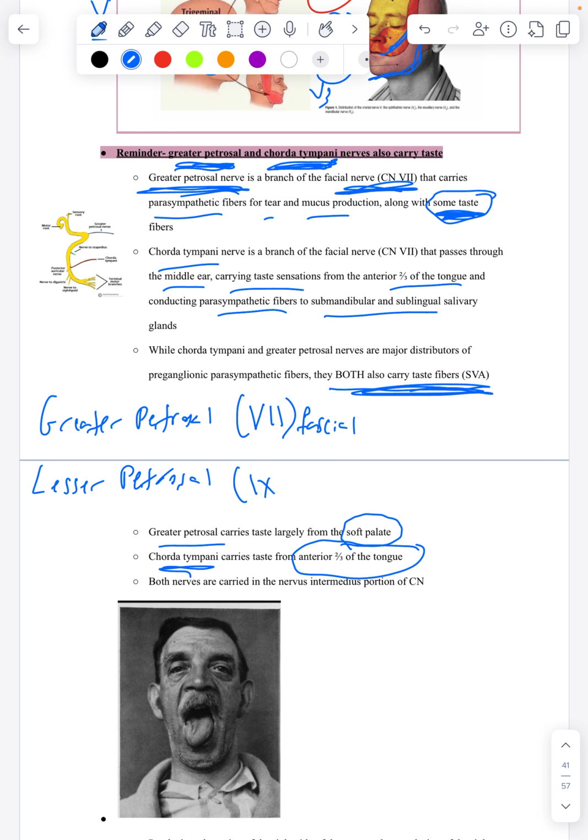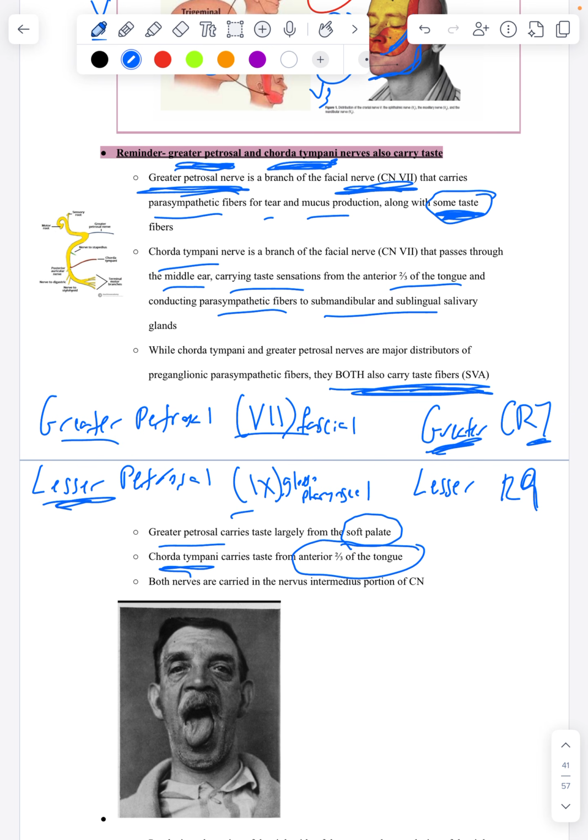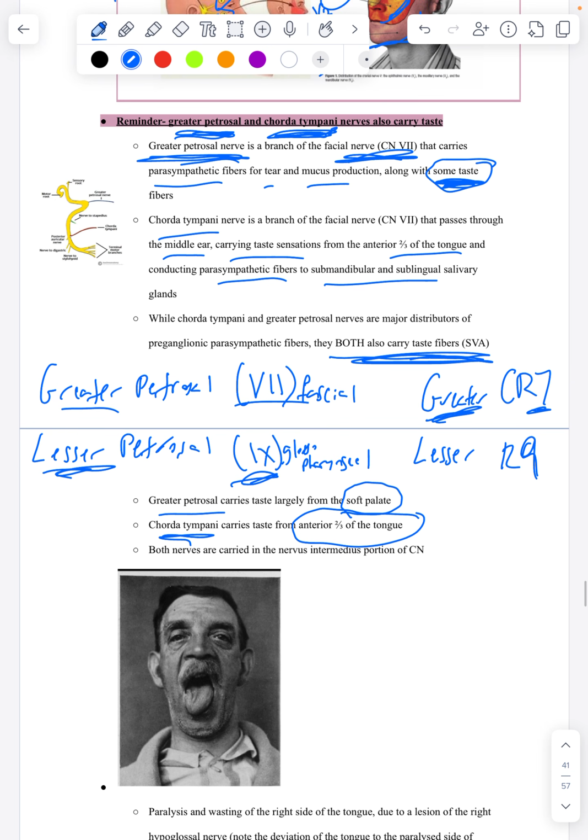Lesser comes from cranial nerve 9, or glossopharyngeal. The way to remember it is we're going to remember the Ronaldos. So the greater Ronaldo is CR7, the Portuguese one. The lesser Ronaldo is R9, the Brazilian one. They just call him R9 because Ronaldo, he was number 9. Cristiano Ronaldo, number 7. So the greater Ronaldo is 7, so greater petrosal 7. Lesser petrosal 9. Beautiful. Okay.